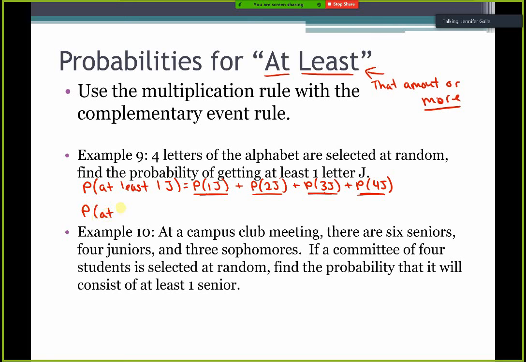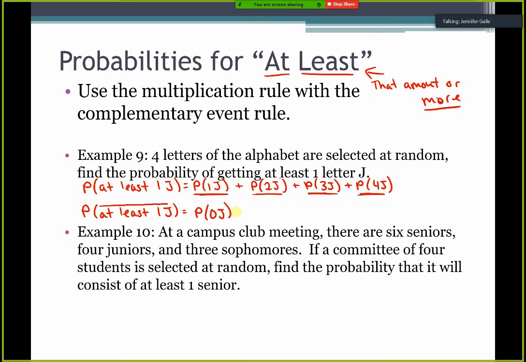The probability of at least 1 J, the complement of that is the probability of 0 J's. That's just one I have to find. Because remember, the probability of the event plus its complement always equals 1. Always equals 1. So if I want to find the probability, I can do 1 minus the complement. It makes life a lot quicker on these types of questions.